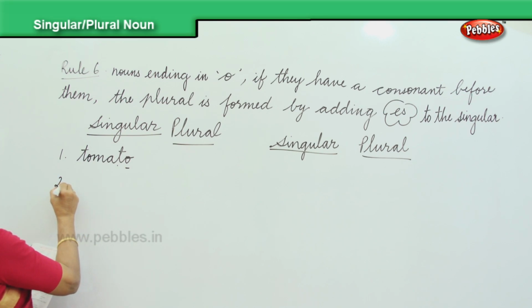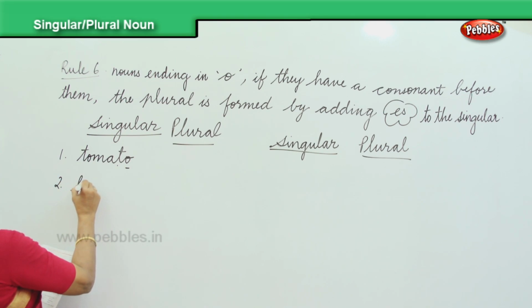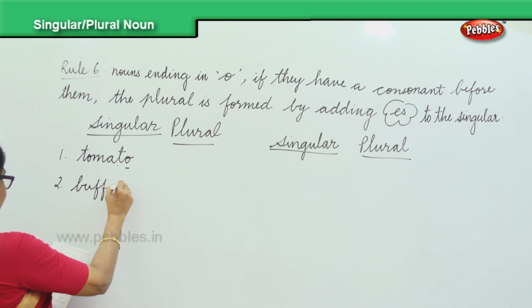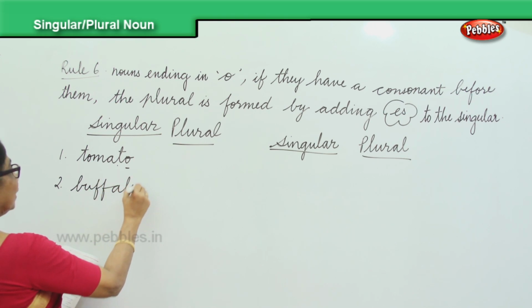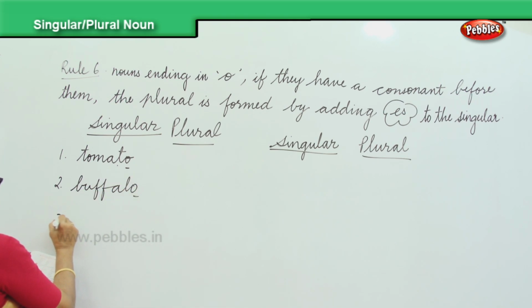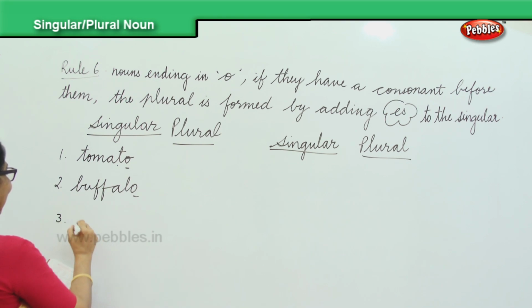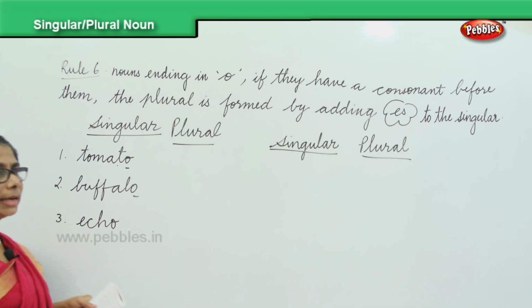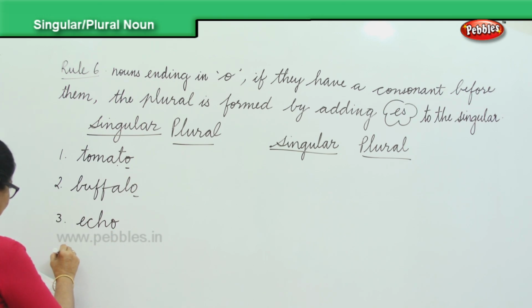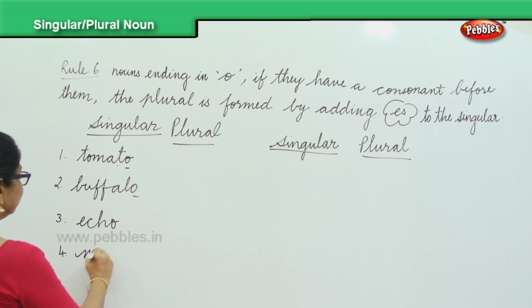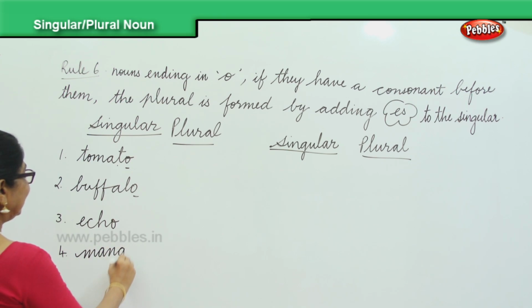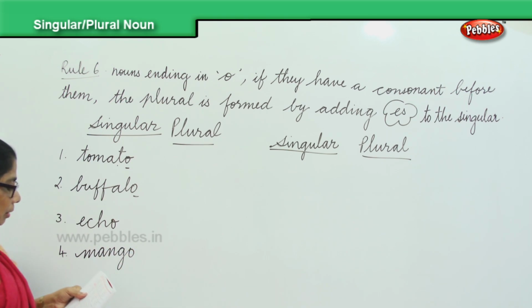Next, buffalo. Ending in O. There's a consonant before it. Echo. Ending in O. There's a consonant before it. Mango. Ending in O. There is a consonant before it.